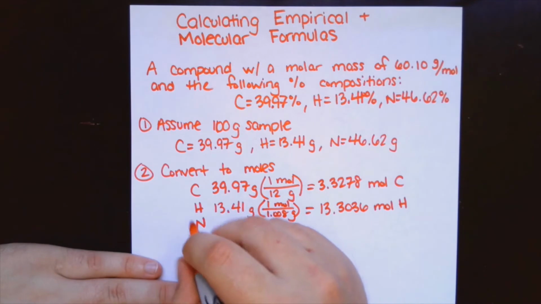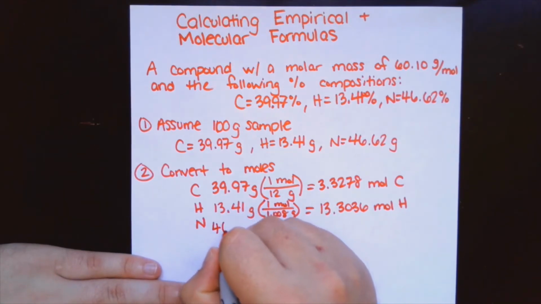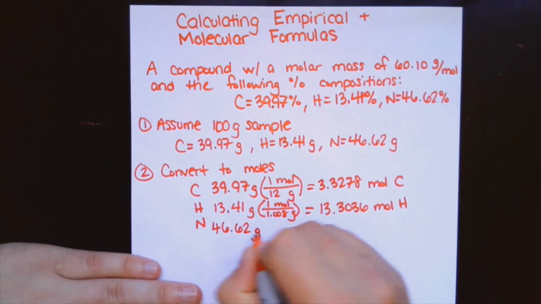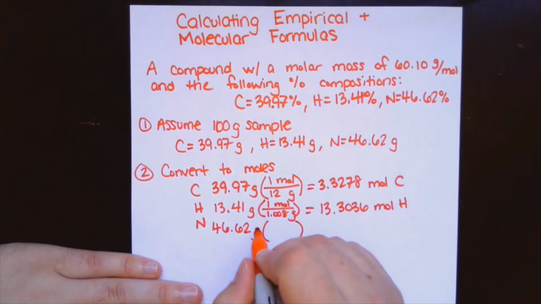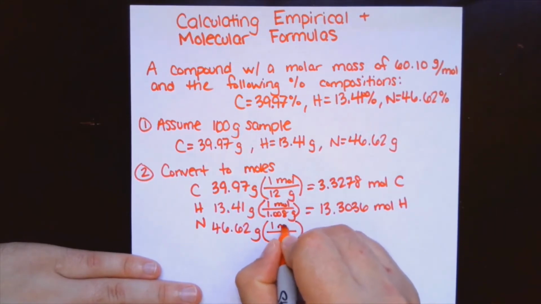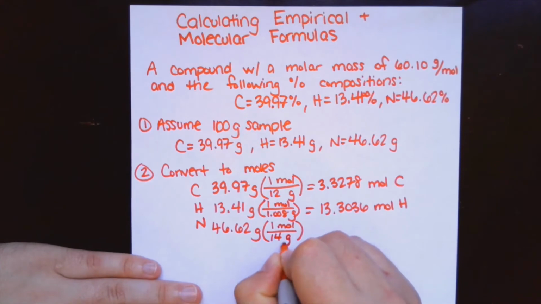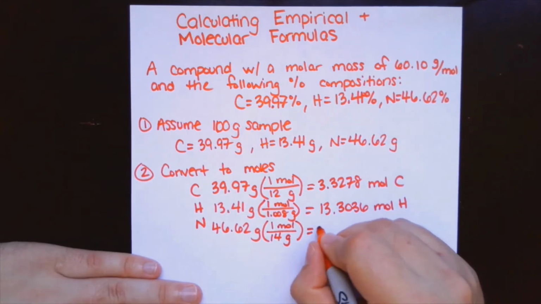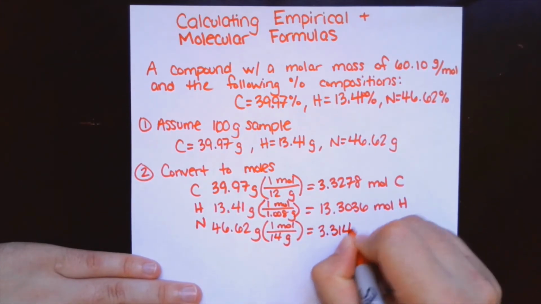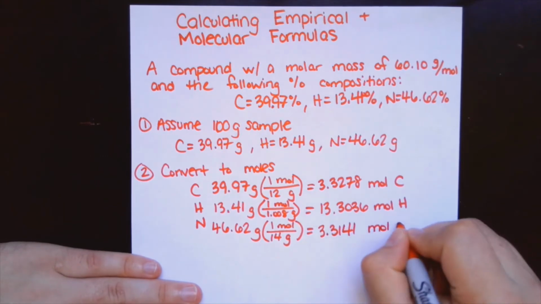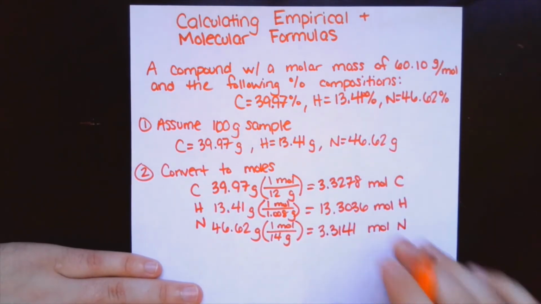And for nitrogen, we've got 46.62, that is 1 mole on top and 14 grams on bottom, which gives us 3.3141 moles. Alright, so now step 3.